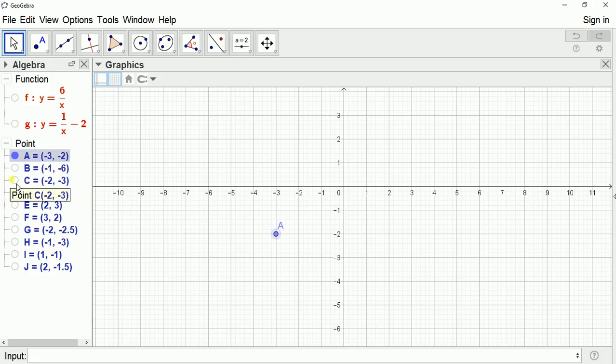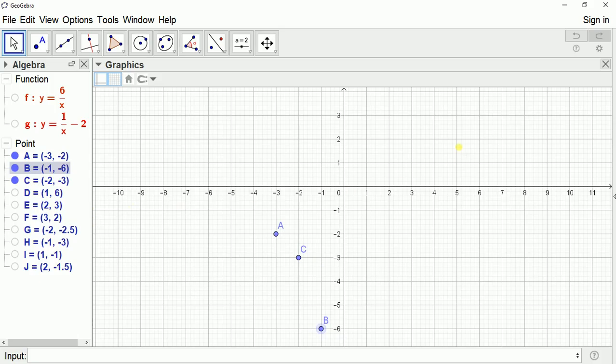So we put on that point over there. Minus 1 and minus 6 was the next point. We've got our first 3 points, and because our graph is positive, it must be in the first quadrant and in the third quadrant. So we've got all the points in the third quadrant.